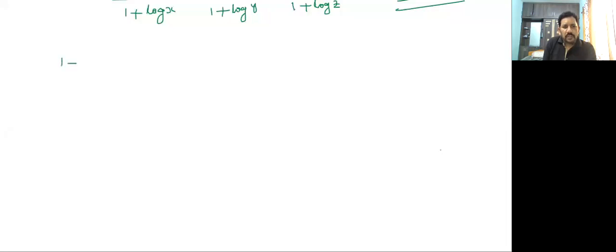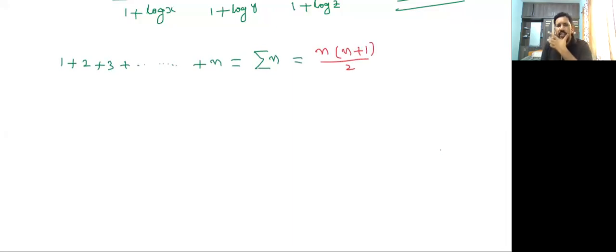1 plus 2 plus 3 plus and so on up to n. This is denoted with sigma n, sum of n natural numbers formula. What is that? n into (n plus 1) by 2. Sigma n is the sum of natural numbers.